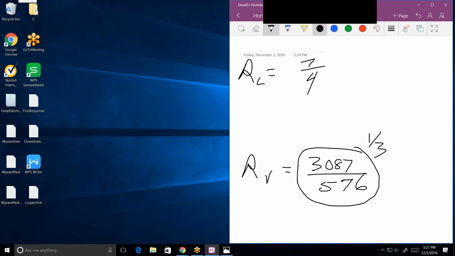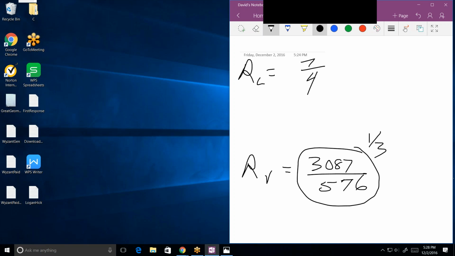7/4. Another reason why I want to go big to little. Because if we go little to big, notice that this number down here is like 1/6 instead of 6 to 1, or 1/5 rather.